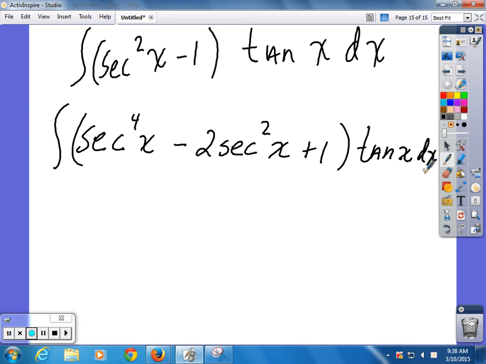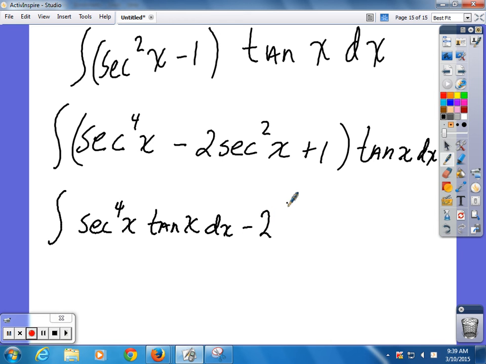And you'll start seeing the UDU pattern. So the antiderivative of secant to the fourth x tangent of x dx minus 2 antiderivative secant squared x tangent x dx plus the antiderivative of tangent x dx.